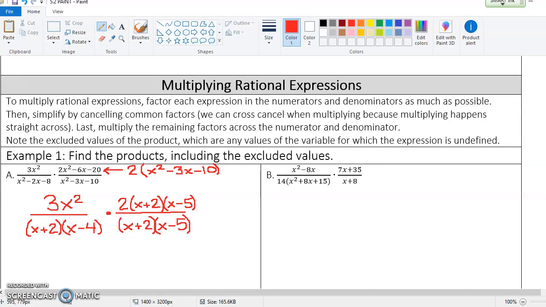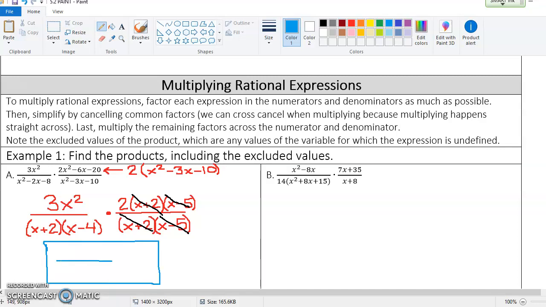So when we start figuring out what cancels out, you can pretty much say, well, I've got this on top and this on bottom, so that can go away. I've got this on top and this on bottom, so it can go away. And what that leaves me with, everything on the right side went away except for the 2.